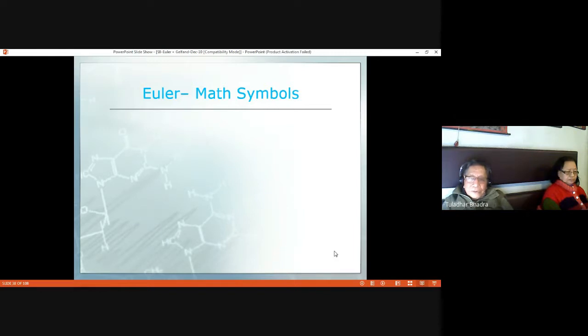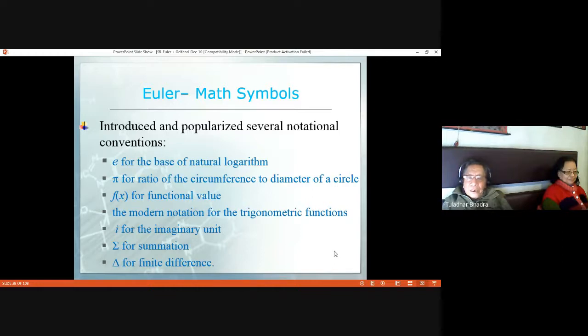And during his work, he introduced many mathematical symbols which we very easily take for granted. He introduced and popularized several notational conventions: e for the base of natural logarithms, pi for the ratio of circumference to diameter of a circle, f(x), the functional value we write very easily, the modern notation for trigonometric functions like log, sine, cos, i for the imaginary unit, which we have mentioned, the summation symbol, and delta for finite difference. So he introduced many mathematical symbols.